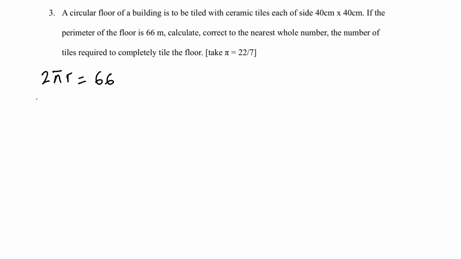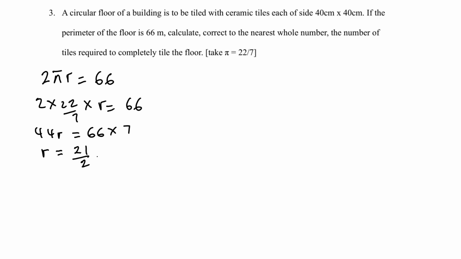So 2 times 22 over 7 times r equals to 66. So from here we have 44r equals to 66 times 7. So r will be 21 over 2 meters.